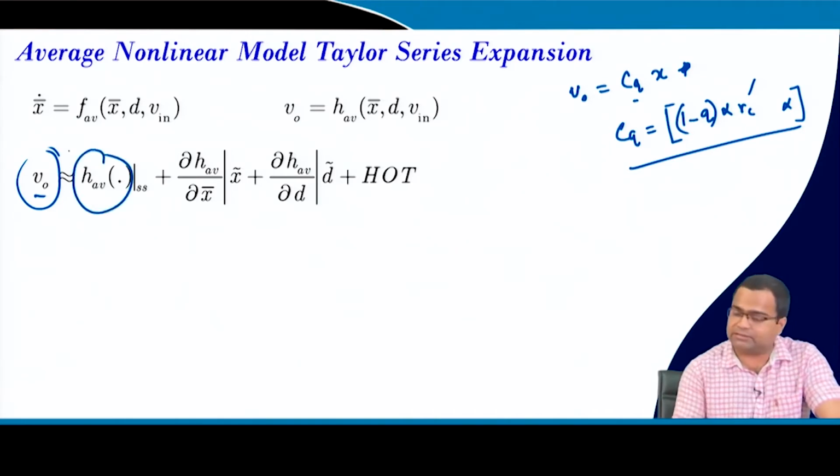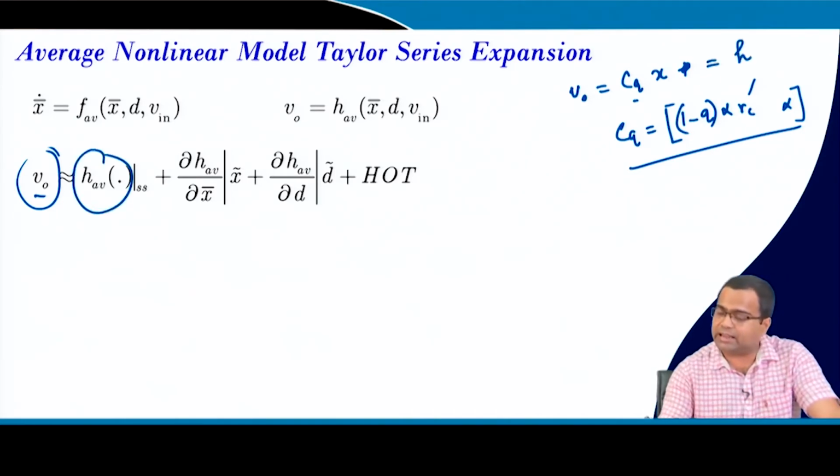This is average. That means we write it like this, but when you take the average, this quantity is replaced by (1 minus D) alpha RC alpha into X average.